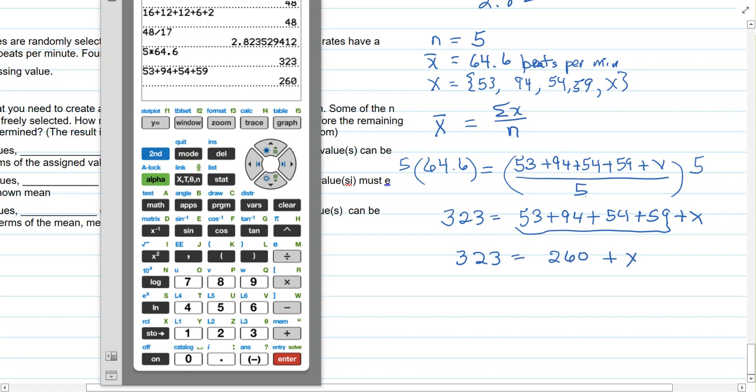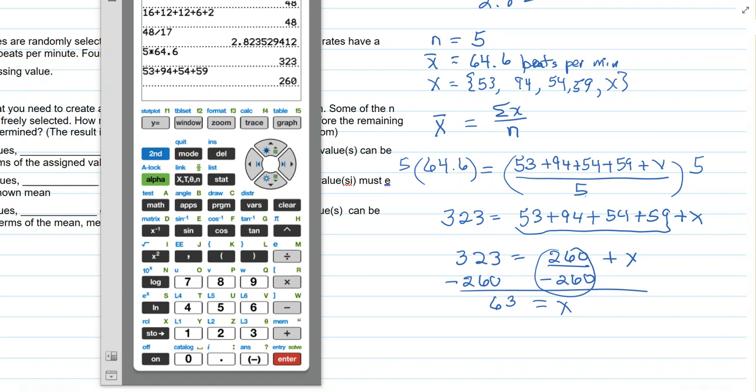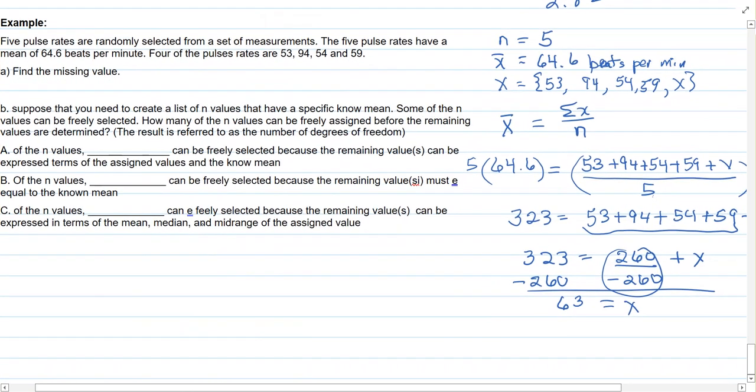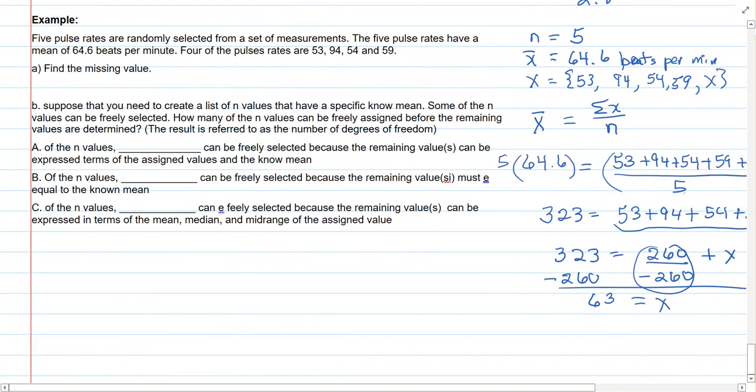Now, to get rid of this number, I have to subtract 260 from both sides. And I end up with 63 equals X. The missing value is 63.